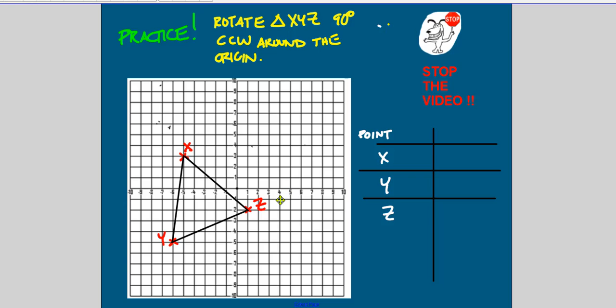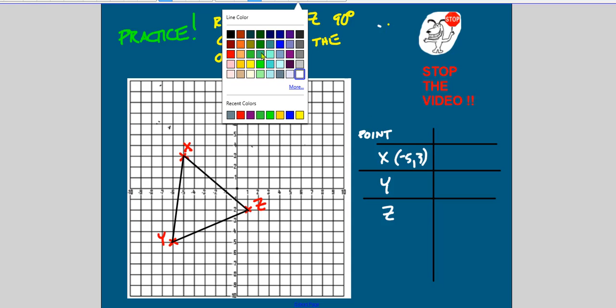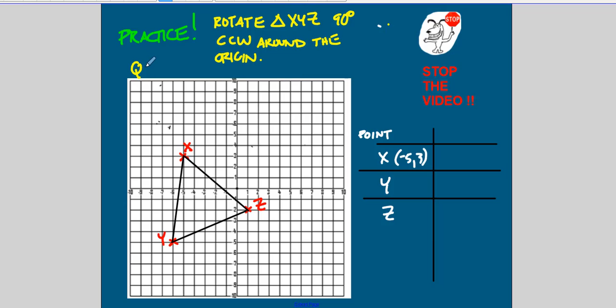So X has coordinates of -5, 3, and that's in quadrant 2. Let's make a note of our quadrants while we're at this. Quadrant 2 is negative for x, positive for y.